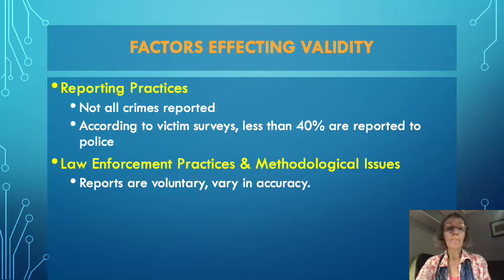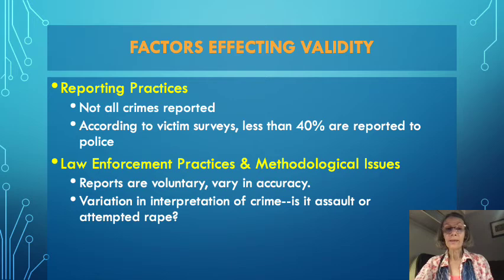Another thing to keep in mind is the law enforcement practices and methodological issues in the UCR. Keep in mind that not all law enforcement agencies participate in the UCR. These reports are voluntary, they're not mandatory. So some law enforcement agencies do not participate in this. Also, the reports can vary in accuracy. For example, there could be some variation in how a crime is interpreted by law enforcement.